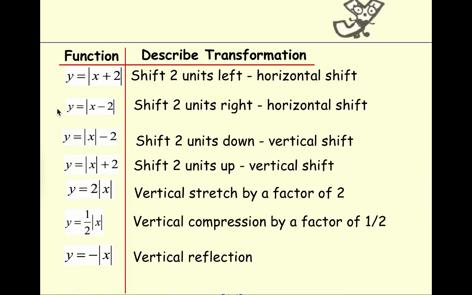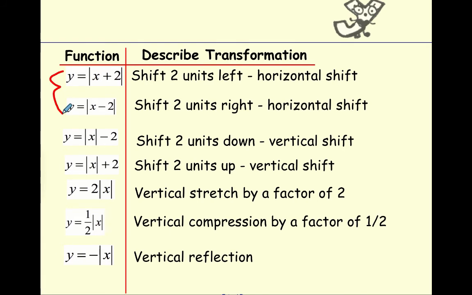So let's look at this number right here, that value that we're adding or subtracting from x. So here's the two cases where the value 2 was being added or subtracted from the x. When we added 2, it moved it to the left, and when I subtracted 2, it moved it to the right. So when you're thinking about this, remember that x minus -2 is the same thing as +2.